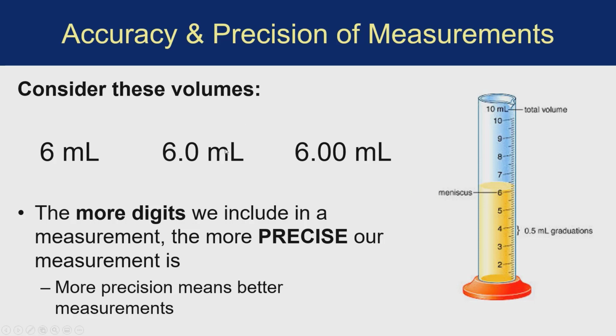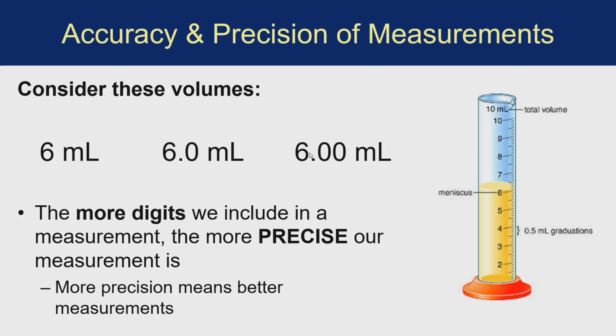So 3 different students record the same volume here, and one records it as 6, one records it as 6.0, and one decides to be a serious scientist and record it as 6.00 to the hundredths place. Well, in the end, I can tell you this: the more digits that we include in a measurement, the more precise our measurement is.